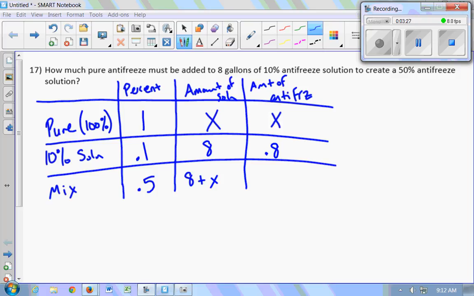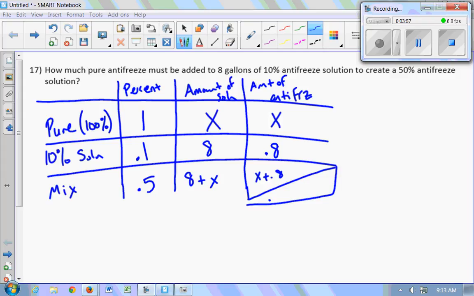And then I have two ways of figuring out what goes in this last box. I could either add up how much pure antifreeze I have in the first mixture to how much pure antifreeze I have in the 10% solution, which would be X plus 0.8. Or I could multiply 50% times the amount of solution I have, because half of it is pure antifreeze.